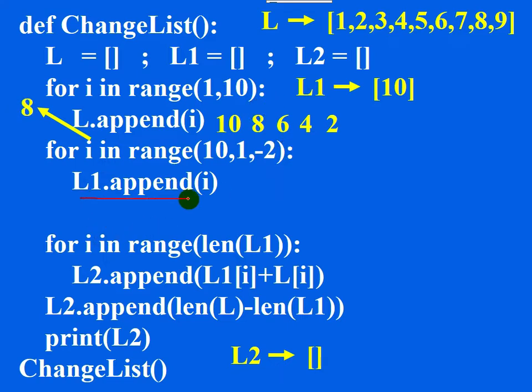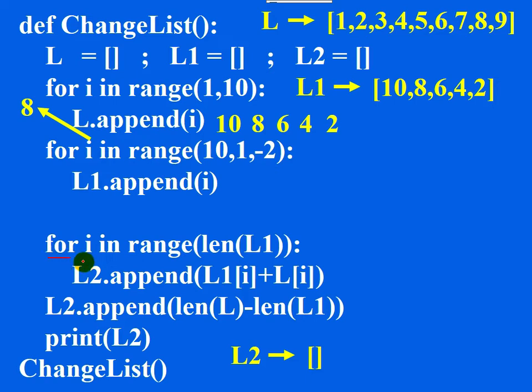Now L1 dot append within bracket 8 means 8 is appended to the list L1. It is inserted at the end. So now L1 contains two elements 10, 8. So finally your list L1 contains 10, 8, 6, 4, 2. Let me write it here. So this is also done.